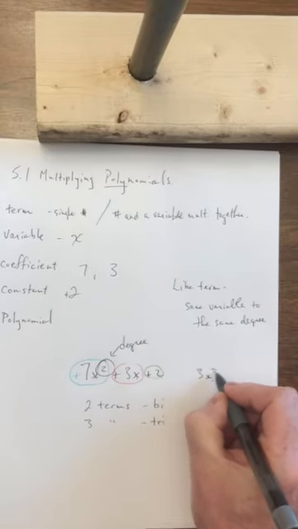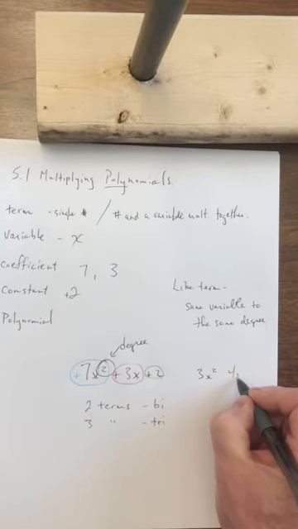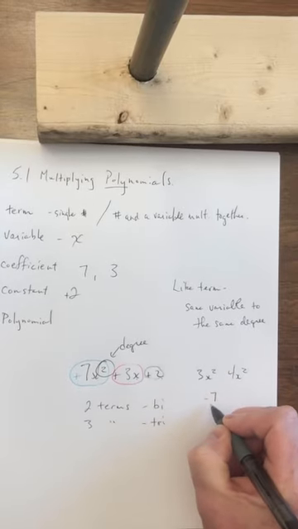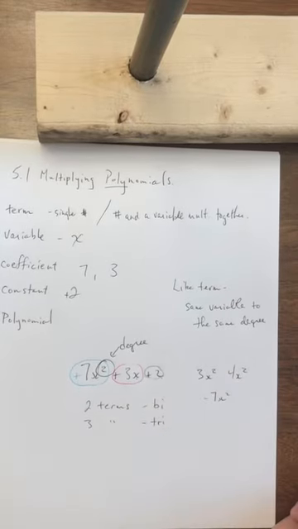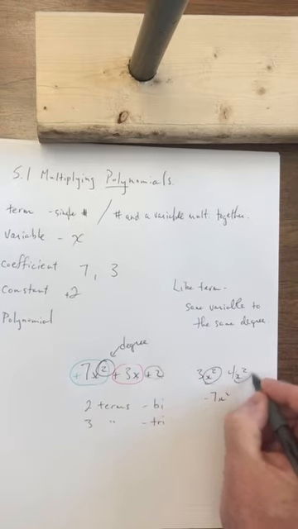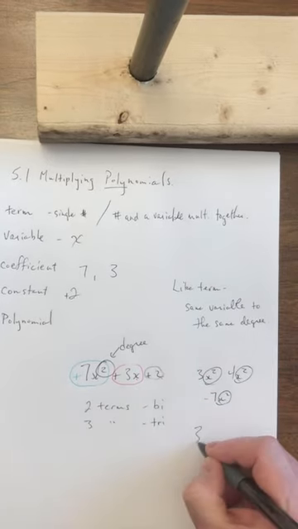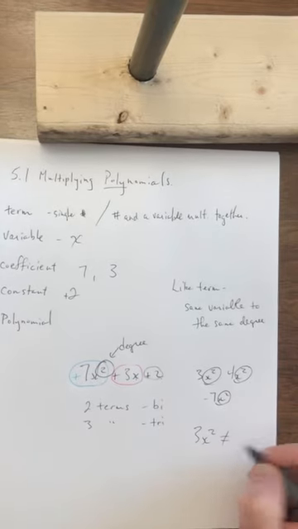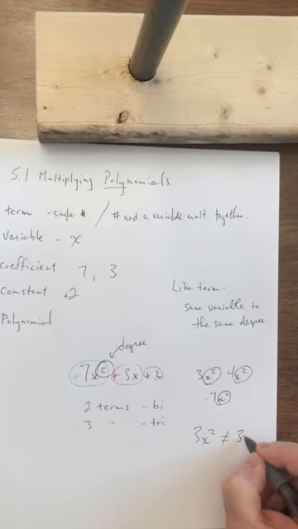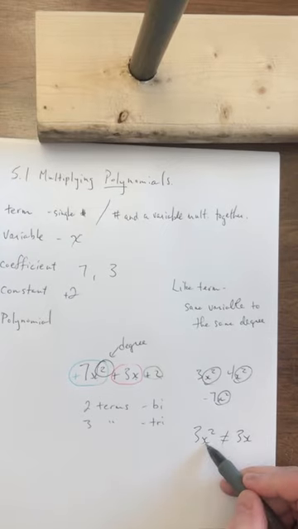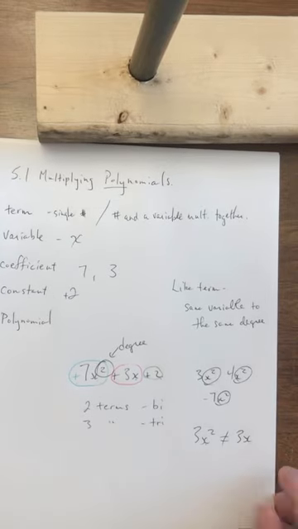So 3x squared and 4x squared and minus 7x squared, these are all like terms because they have the same variable to the same degree. 3x squared is not like 3x. This is an x squared, this is an x. They are unlike each other.